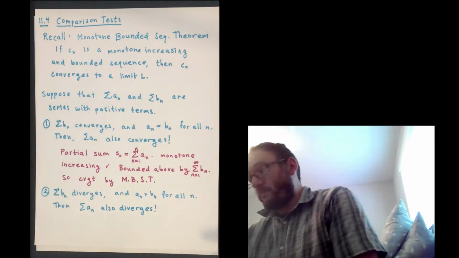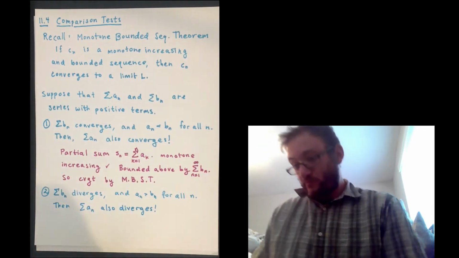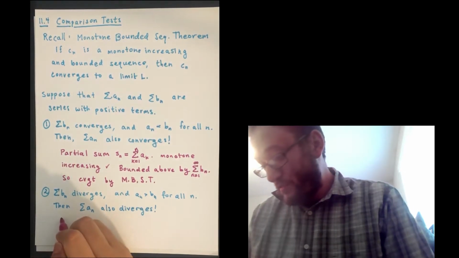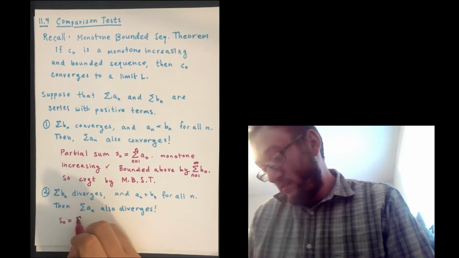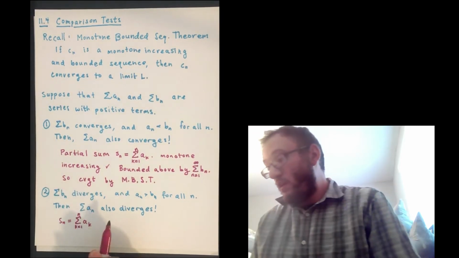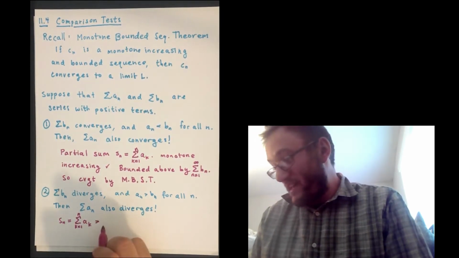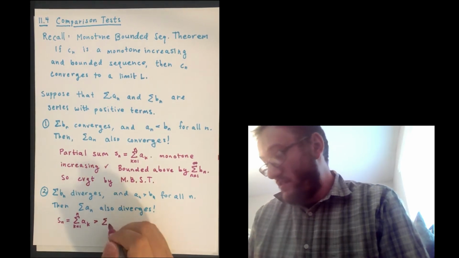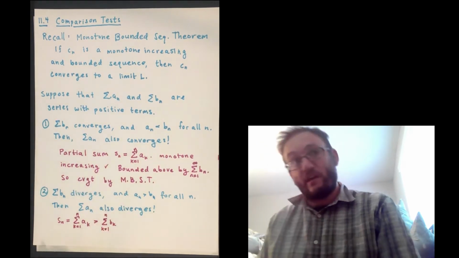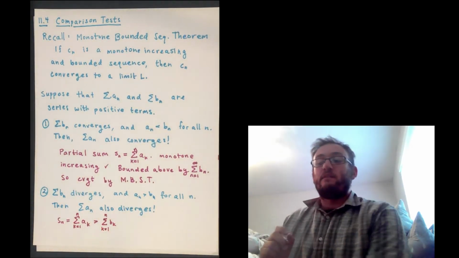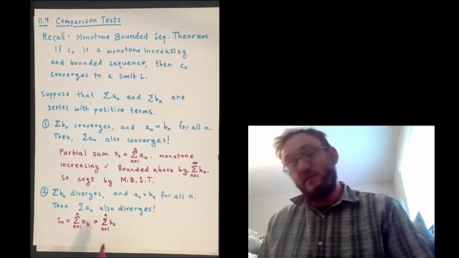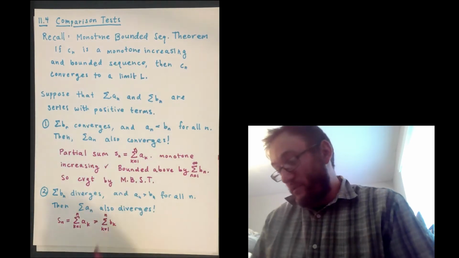Okay. Why is this true? Well, again, we'll look at partial sums. So if we take Sn equals the sum from k equals 1 to n of ak, we know term by term this is going to be bigger than the sum of the bk. Okay, and when you have positive terms and each one is greater than its corresponding term in the B series, then the sum is also going to be greater.